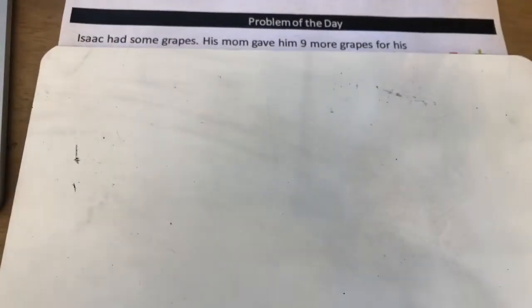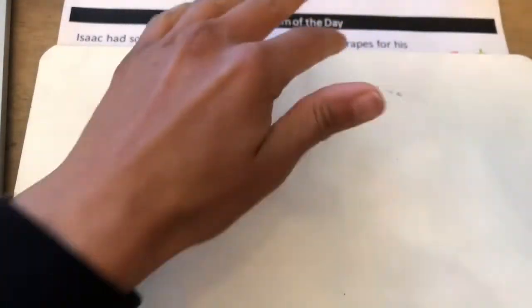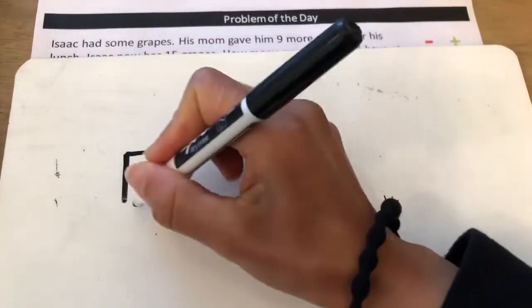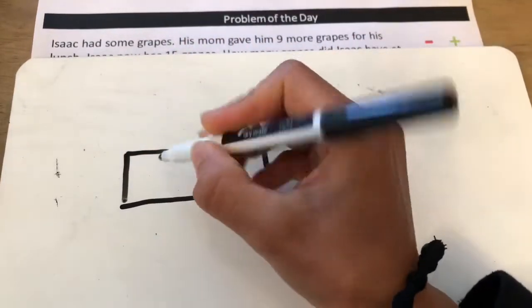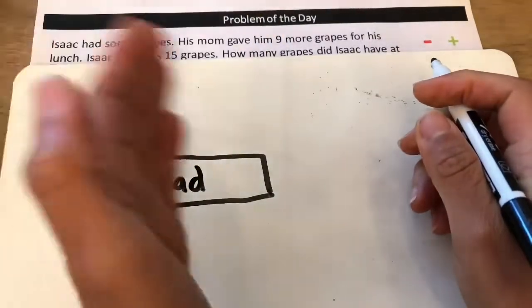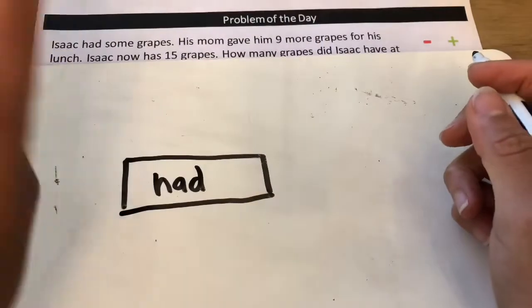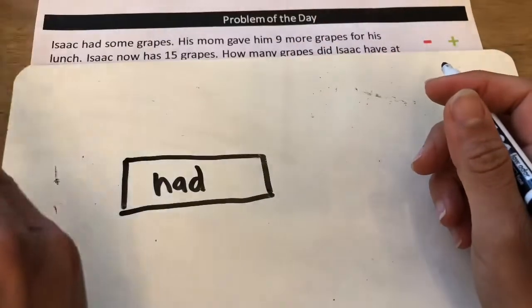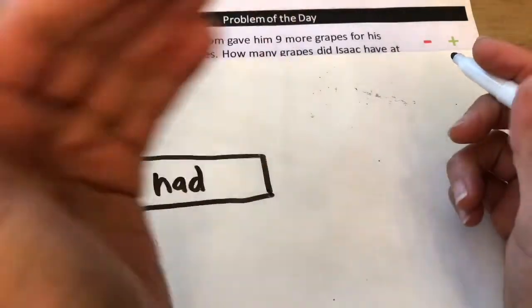So what I'm going to first do is represent this problem using a bar model. It just helps me organize things in my head. So Isaac had some grapes. He had. And then his mom gave. Are we adding to what he already started with, or are we taking away from what he started with? We're adding, right?